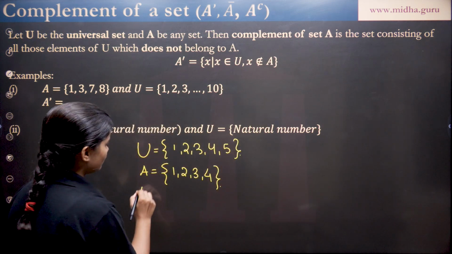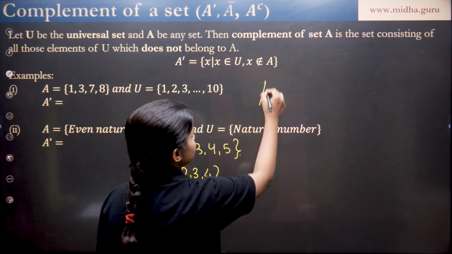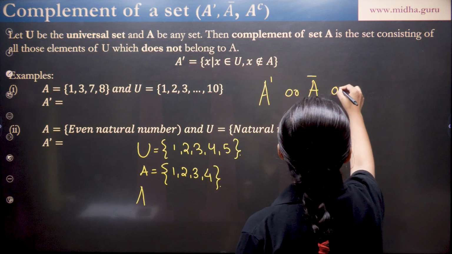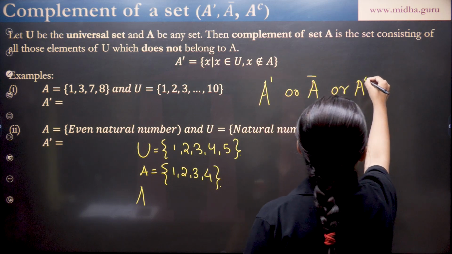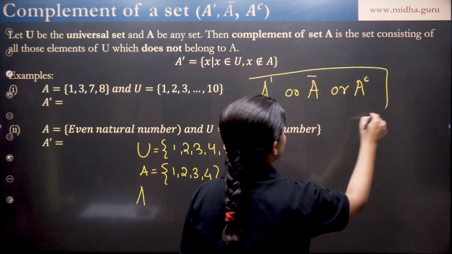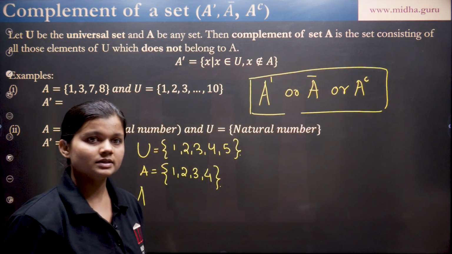So complement of A is written as A dash or A bar or A with C in the power. Okay, these are the signs to represent the complement of any set.